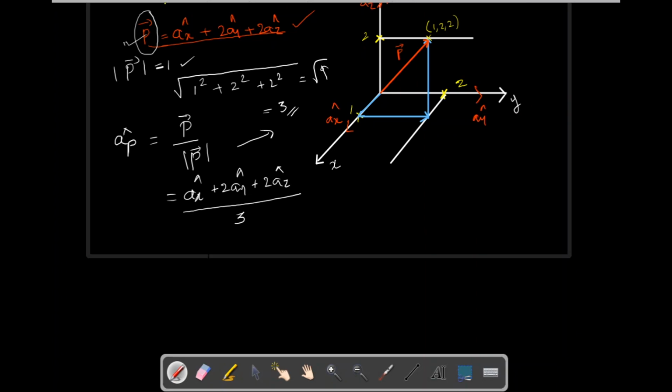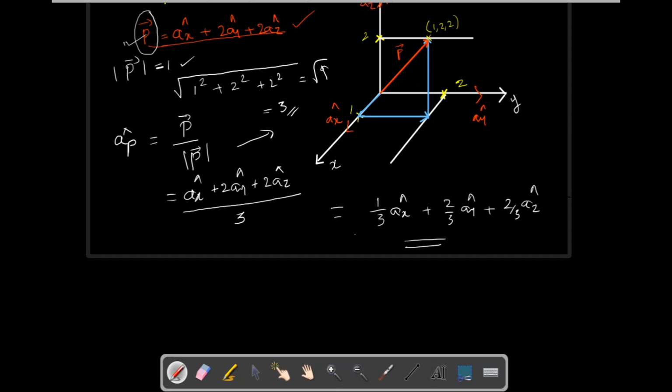We have found it here. So this is equal to 1 by 3 ax cap plus 2 by 3 ay cap plus 2 by 3 az cap. So I get ap vector as 1 by 3 ax cap plus 2 by 3 ay cap plus 2 by 3 az cap.